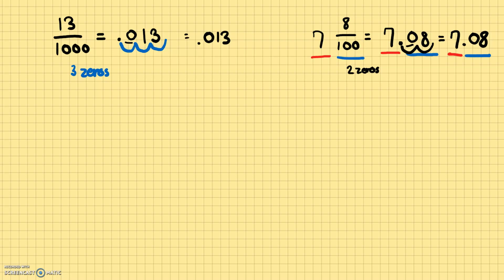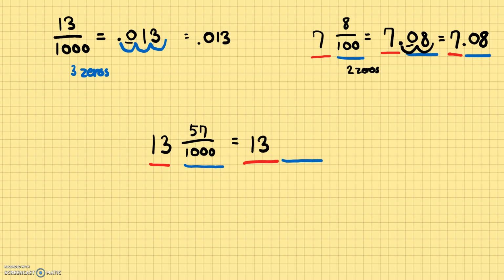Okay, let's do one last problem. So we have 13 and 57 over 1,000. Okay, how do you change this to a decimal? Again, let's look at these separately, the whole number part and the fraction part. Just write the whole number first so that we don't have to worry about it.